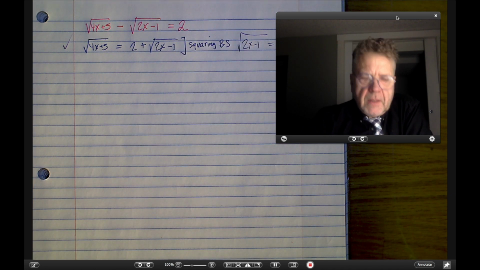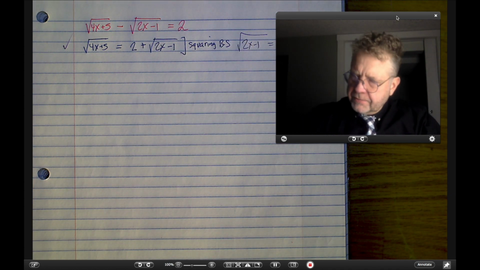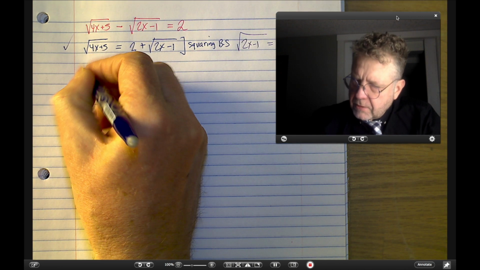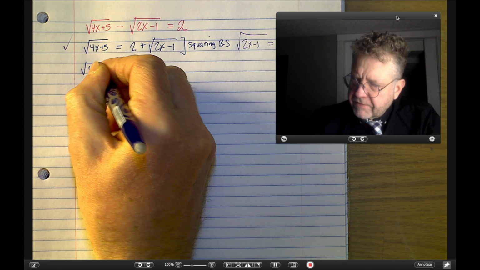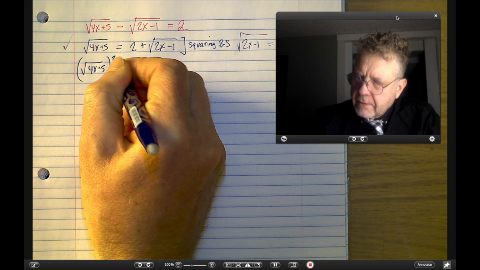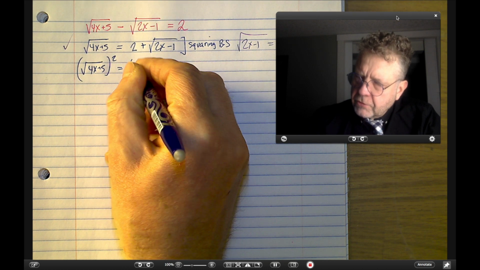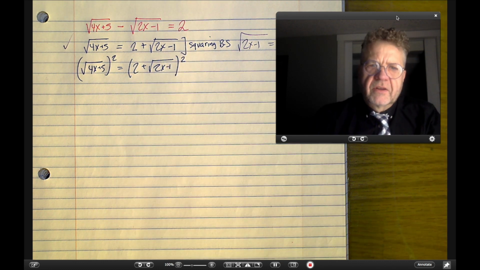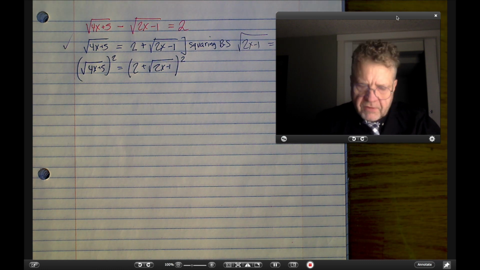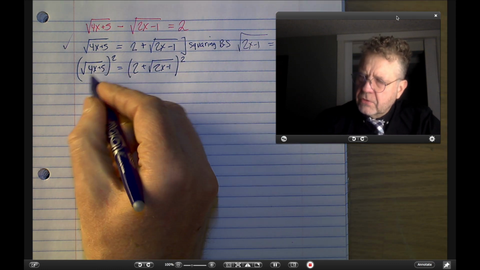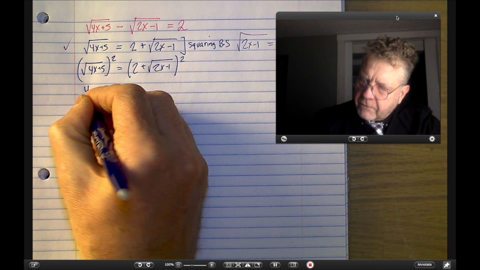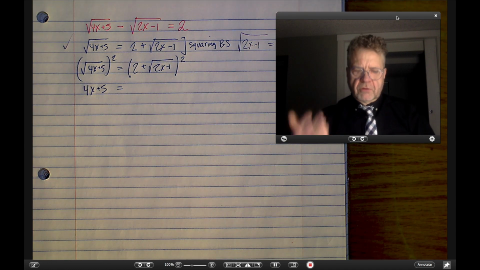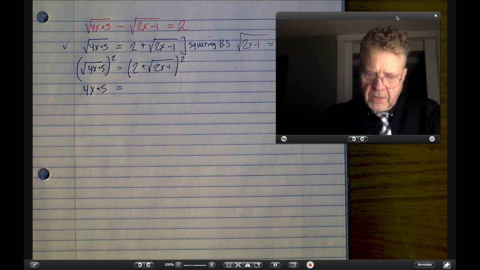When I square both sides, I'm going to get the square root of 4x plus 5 squared equal to 2 plus the square root of 2x minus 1, quantity squared. What that's going to do for me is eliminate the radical here. I'm going to get 4x plus 5 on the left side, and on the right side I've just got a polynomial to work with, which is not hard at all, actually.